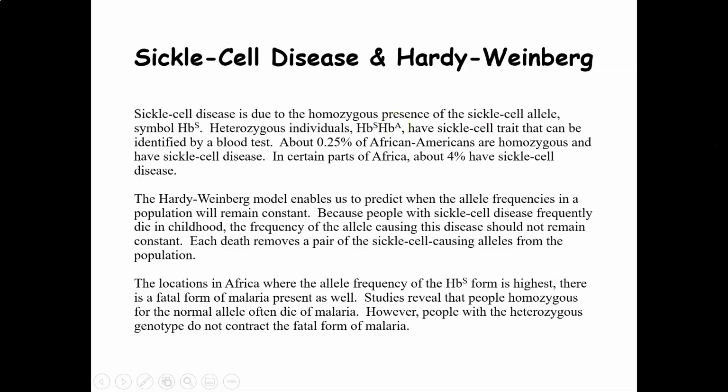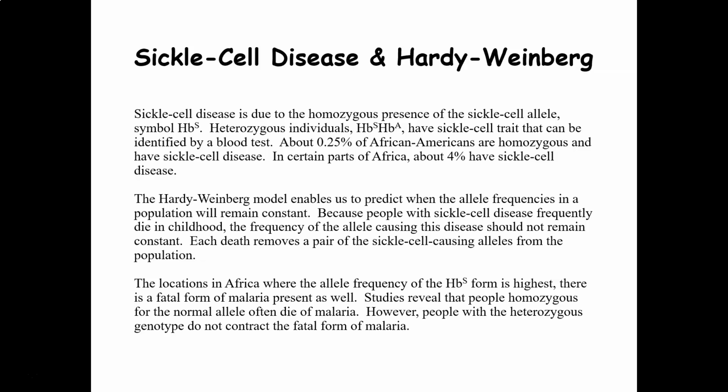What we find is about 0.25% of African Americans, so Americans living here in the US who are of African descent, are homozygous recessive and have sickle cell disease. In certain parts of Africa, on the other hand, there is about a 4% frequency for sickle cell disease.